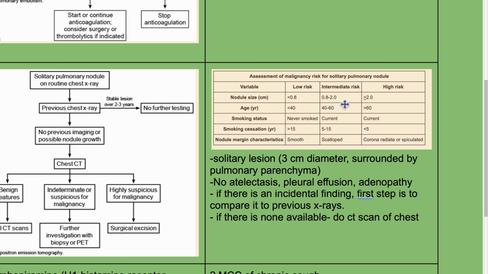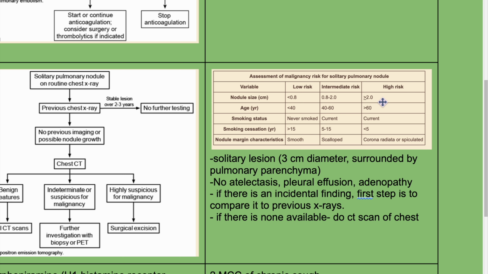Intermediate risk is that the nodule size is a little larger, 0.8 to 2 centimeters, age is 40 to 60, smoking status is current, or smoking cessation is 5 to 15 years, so 15 years or less. And margin characteristics are scalloped.